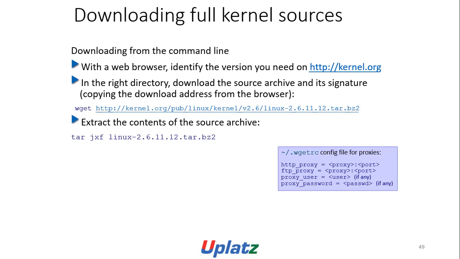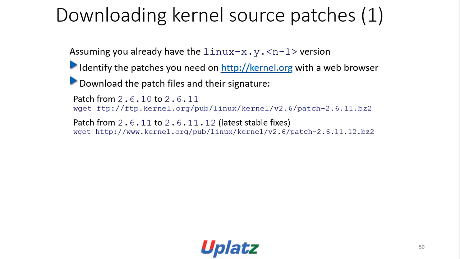wget the Linux 2.6.11.12 tar.bz2. Extract the contents of the source archive with tar jxf linux-2.6.11.12.tar.bz2. Assuming you already have the Linux x.y.n-1 version, find the patches you need on kernel.org with the web browser, and download the patch file and the signature.